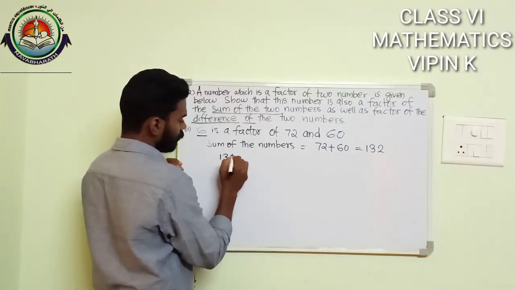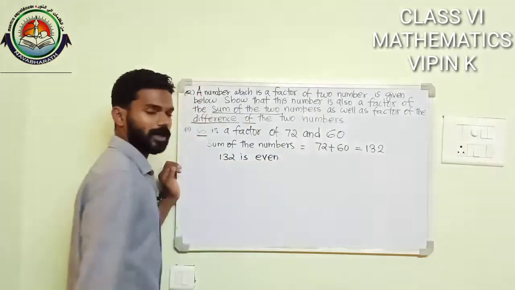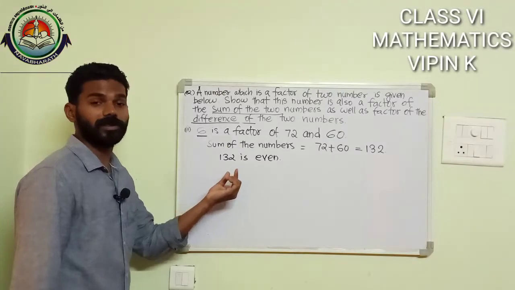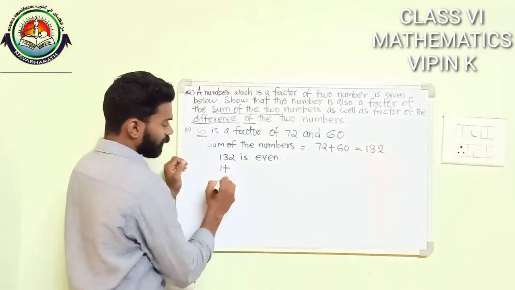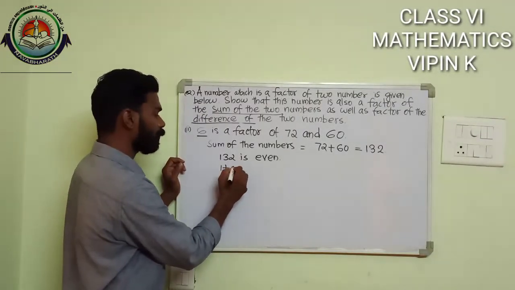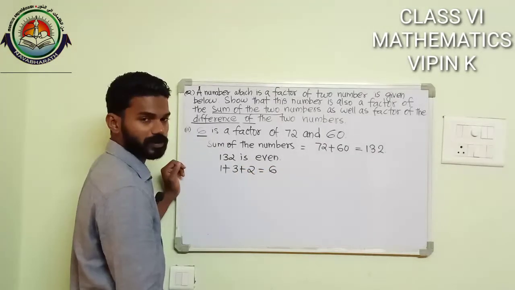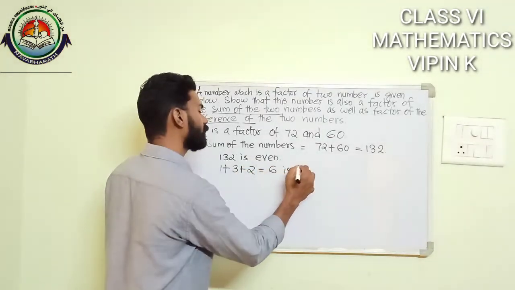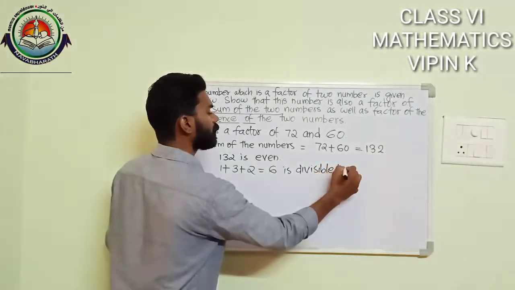132 is even. Now we want to check whether this 132 is divisible by 3 or not. For checking the divisibility by 3, we need to find the sum of the digits: 1 plus 3 plus 2. It would be 6. And you know 6 is divisible by 3.